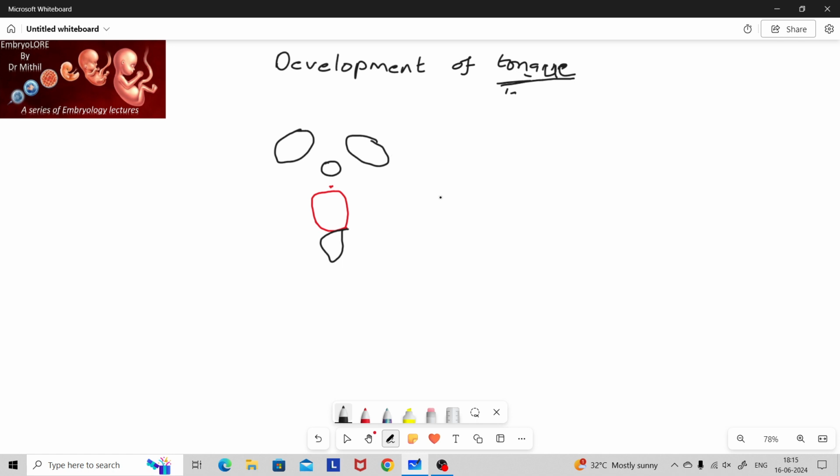So these are the lingual swellings, this is the tuberculum impar, after this the foramen cecum, and here the hypobranchial eminence, cranial part and caudal part.